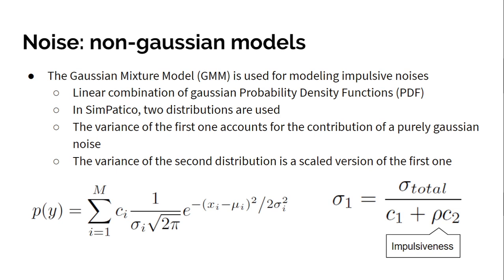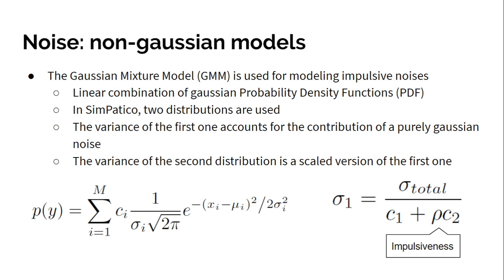The first one here that I'm going to expose is the Gaussian mixture model, which is a linear combination of Gaussian PDFs. As you can see here in the formulation, it is just a scaled version of Gaussian PDFs. The scaling factor here, Ci, because we're talking about a linear combination, the sum of all scaling factors has to be 1.